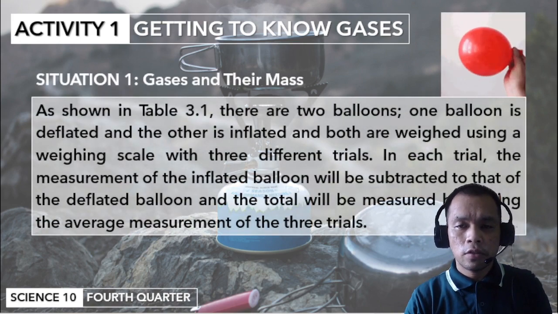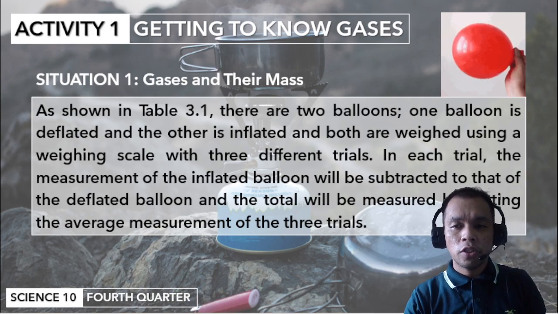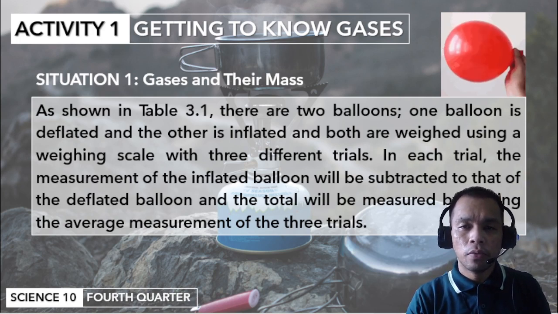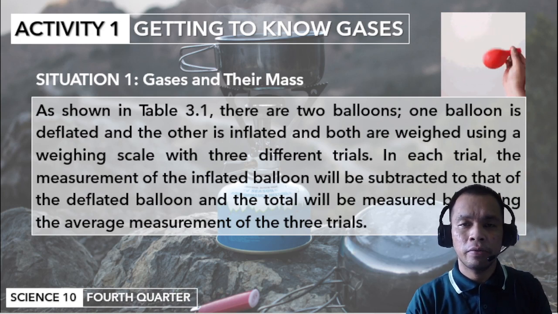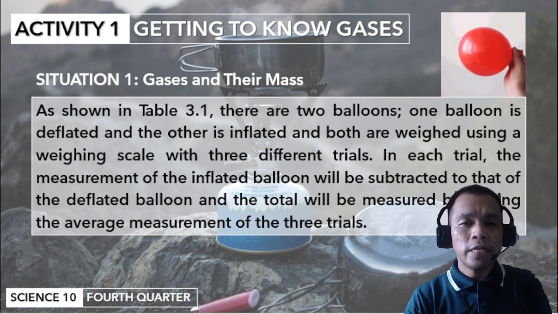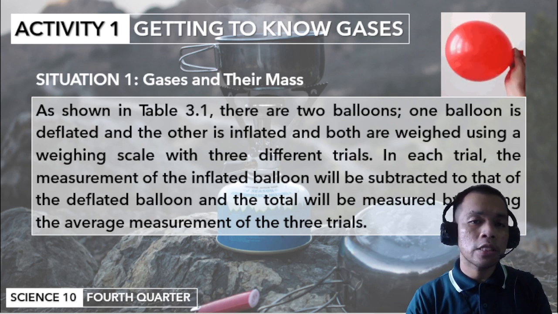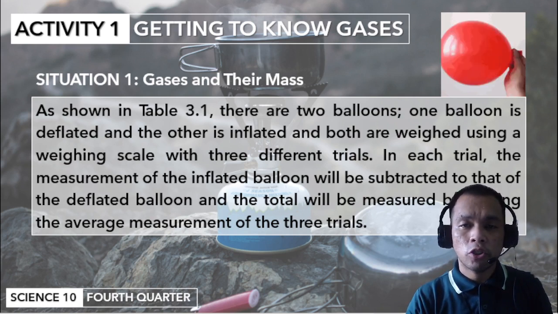Okay, first, situation 1. As shown in table 3.1, there are three balloons. The table will be shown later on. One balloon is deflated and the other is inflated, and both are weighed using a weighing scale in three different trials.